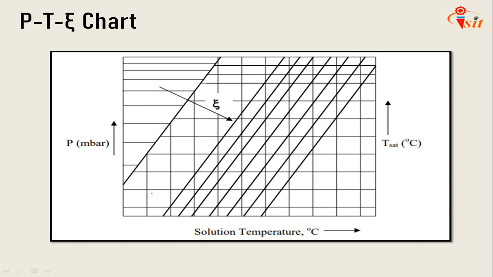In the Duhering plot, the temperature of the solution is plotted as abscissa on the linear scale. The saturation temperature of pure water is plotted as ordinate on the right hand side, and the pressure on the logarithmic scale is plotted as ordinate on the left hand side.